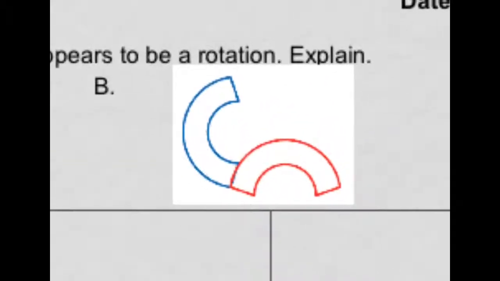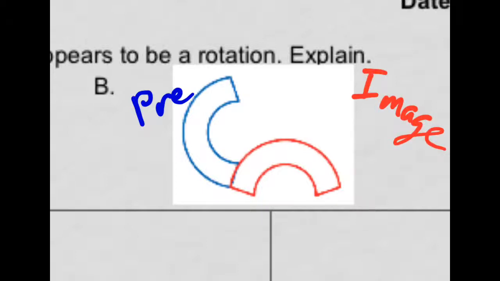What about this guy here, these two little pieces of macaroni? We've got our pre-image in blue. We've got our image here in red. So let's trace our little piece of macaroni. And then, what do you have to do to that little piece of macaroni to get it to fit the red?